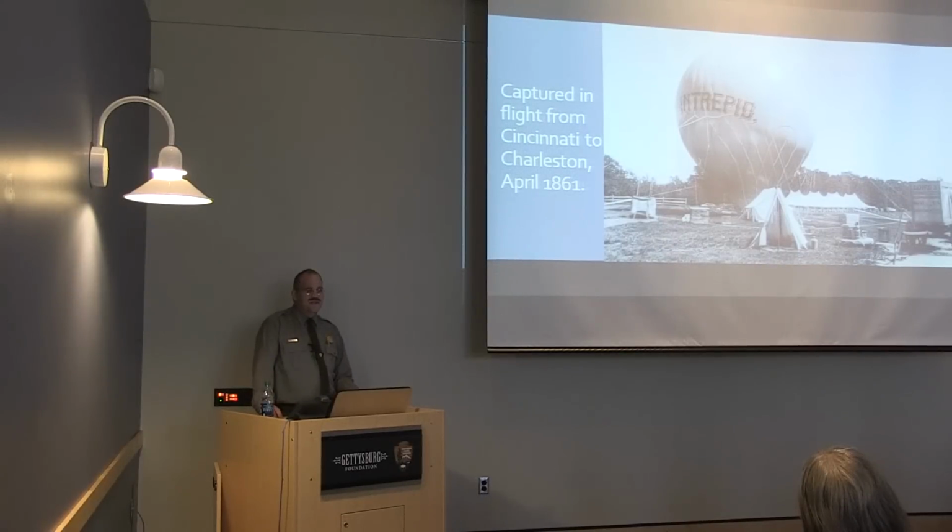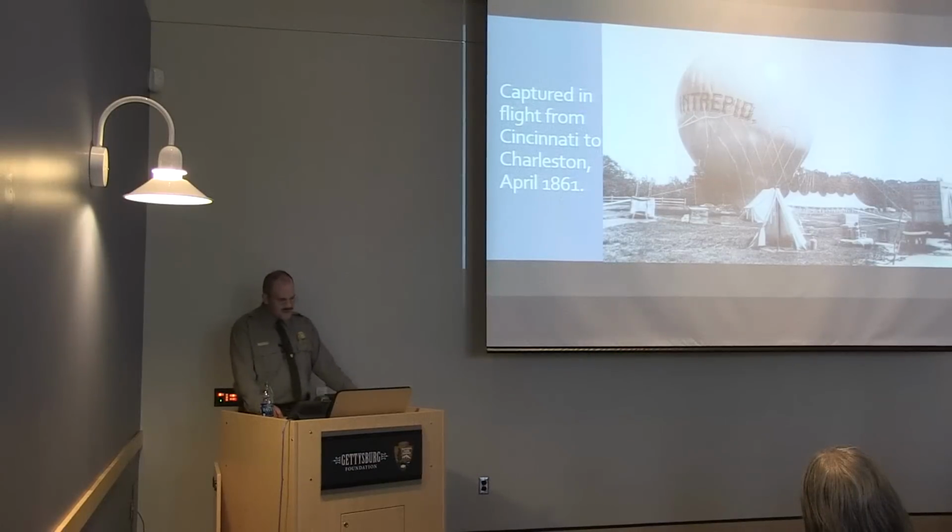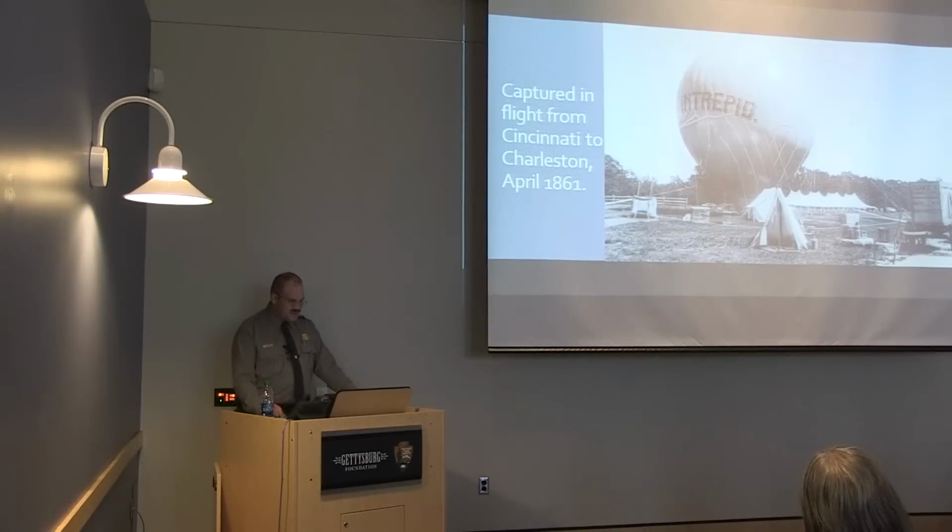Thaddeus Lowe eventually got the primary contract, and he would send up balloons not only along the Rappahannock River and the Rapidan, and he would keep a constant eye on the Confederates, but he would also send up his balloon in other places in Virginia, depending on where the armies moved. And the Intrepid is synonymous with Thaddeus S.D. Lowe.